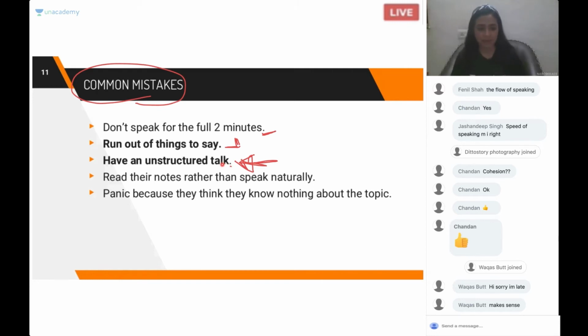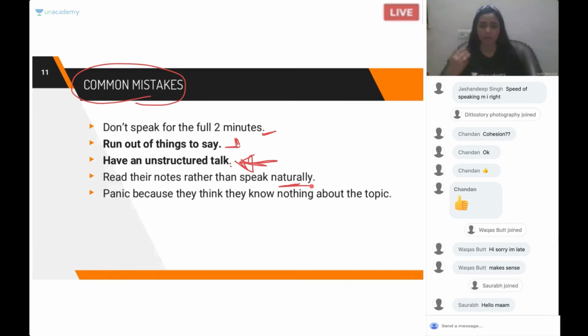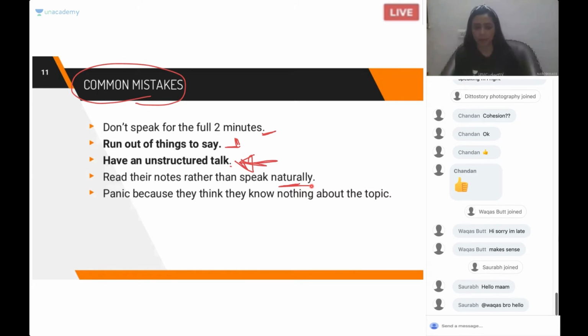Next is reading notes rather than speaking naturally. Since many people write a lot of notes in that 1 minute, they keep reading from them, and instead of having eye contact with the examiner, they keep going back and forth to their notes. You do need to look at them, but it doesn't mean you should stick to what's there.